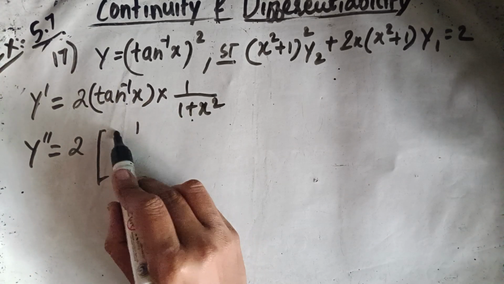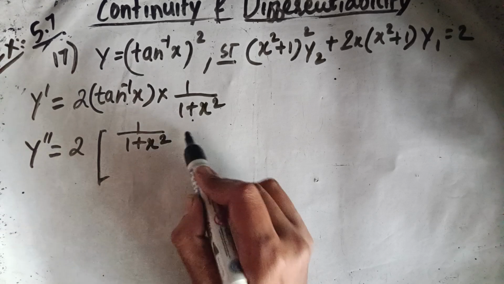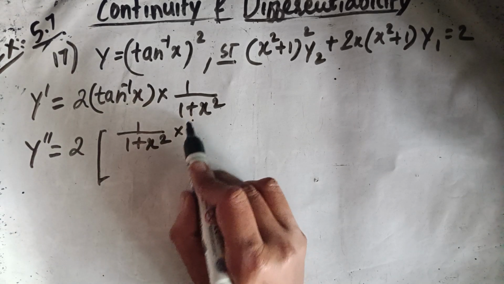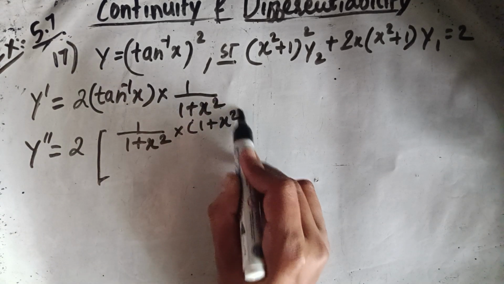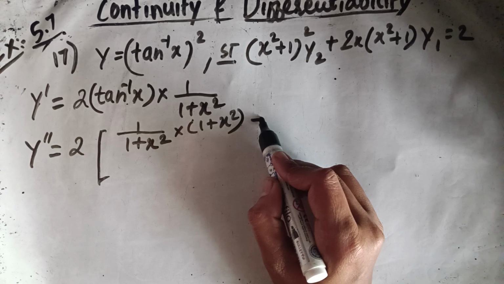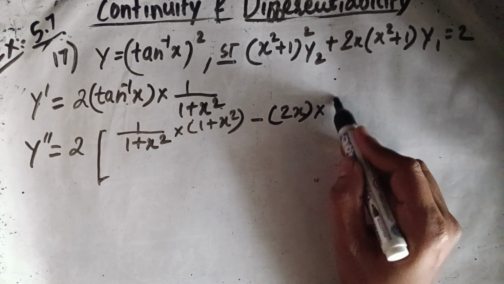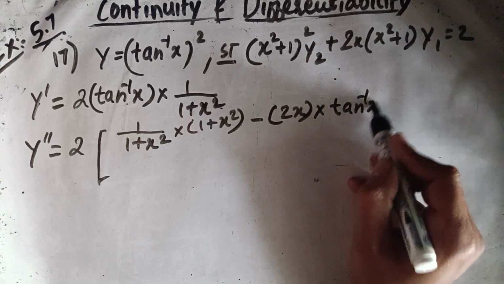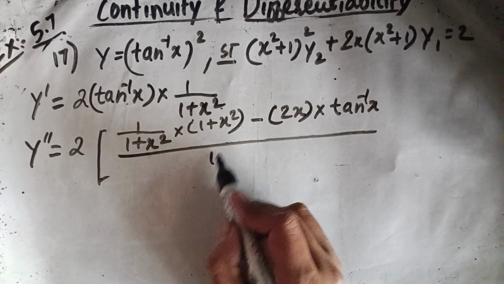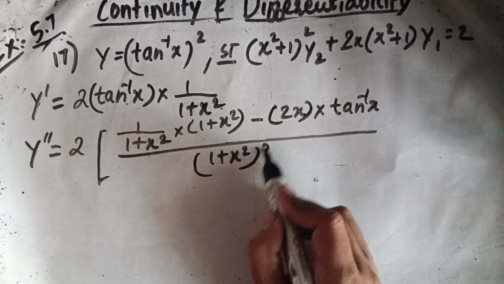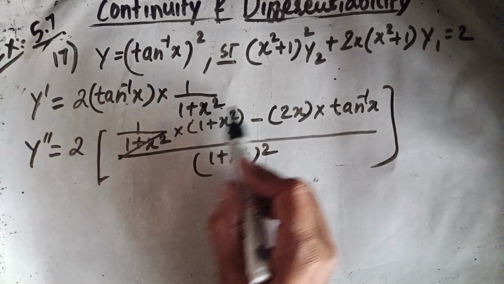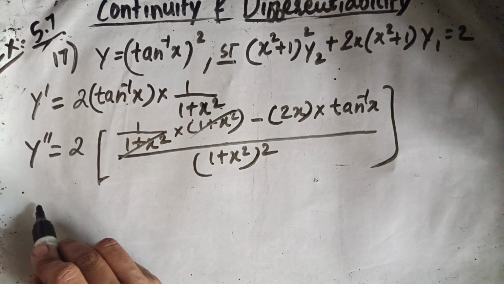So u dash is 1 upon 1 plus x square into 1 plus x square minus derivative of this 2x into tan inverse of x upon 1 plus x square the whole square. This gets cancelled.